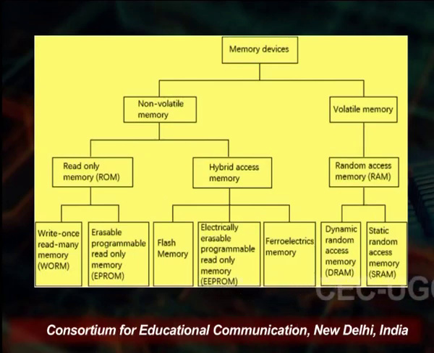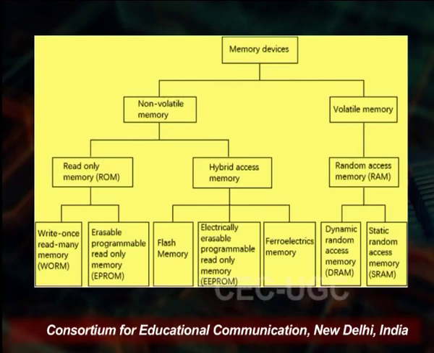Now the hybrid access memory is divided into three parts: first is the flash memory, second is the electrically erasable programmable read-only memory, that is EEPROM, and another is the ferroelectric memories. These are modern and all are made from semiconductor devices.